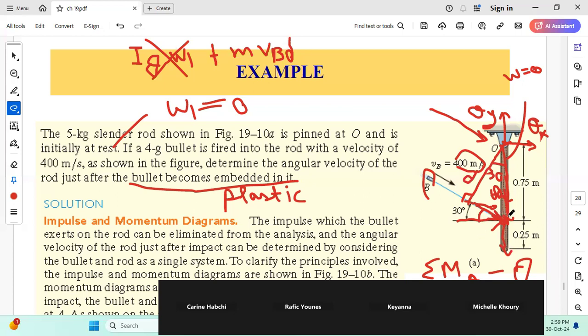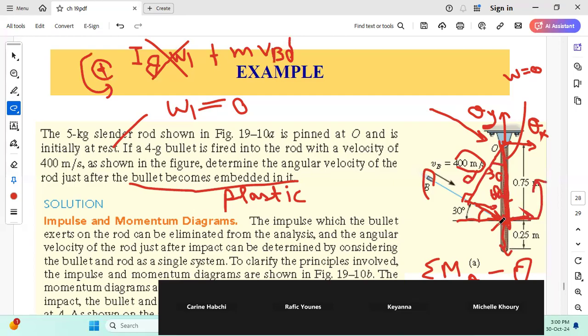Now, if you want to project, you have two components for your velocity, X and Y. But the Y component is passing by O. Can it produce any moment about O? No. Taking counterclockwise as positive, your angular momentum will only be the one for VBX.